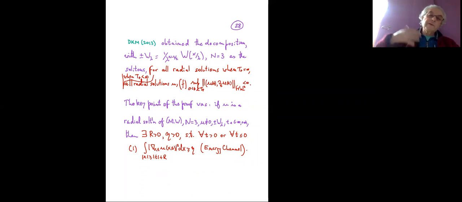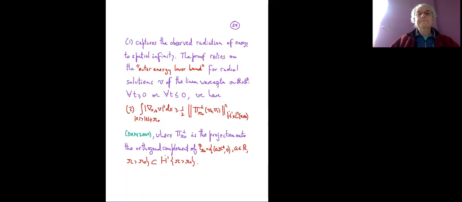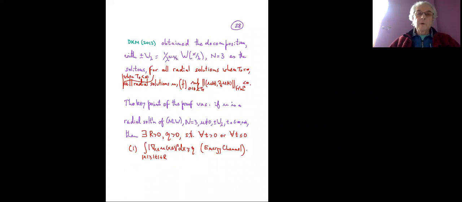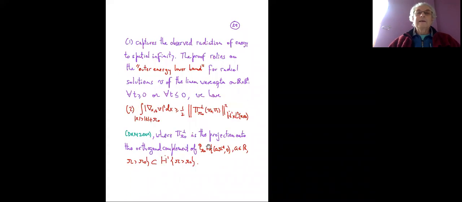And it persists either for all positive t or for all negative t, unless you are one of the special static solutions, which do not have such an energy channel. This inequality, which I call 1, captures the observed radiation of energy to spatial infinity.